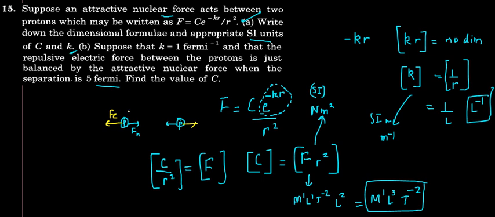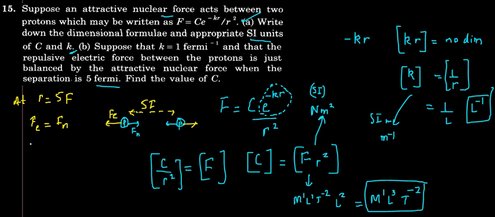When the protons are at a distance of 5 Fermi, at r equal to 5 Fermi, the electrostatic force balances the nuclear force.